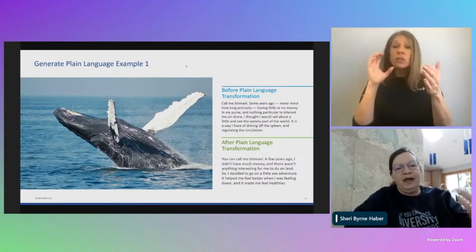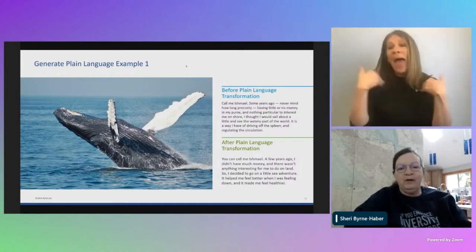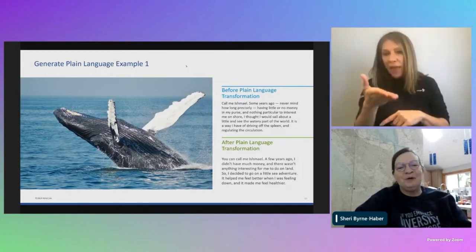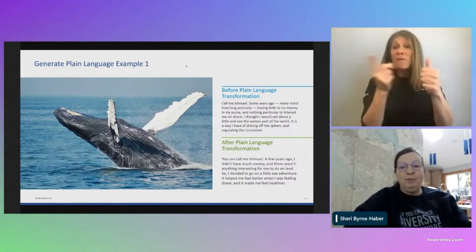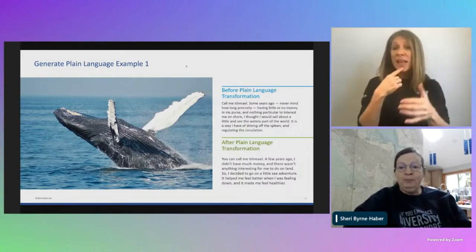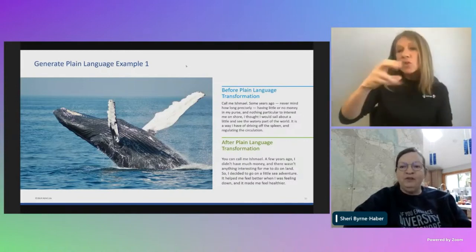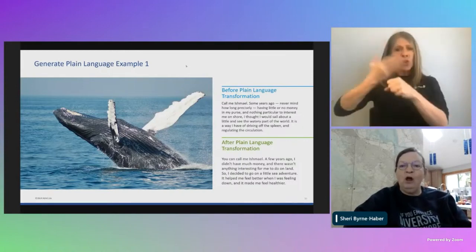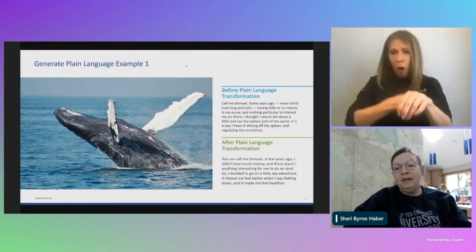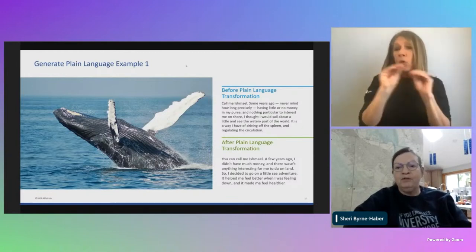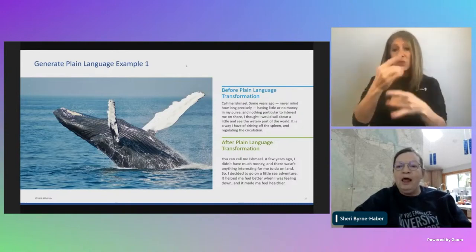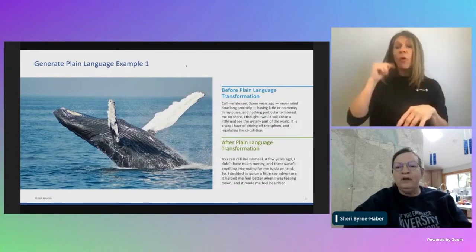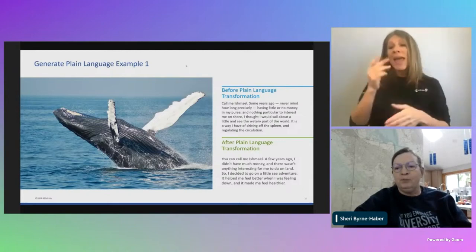It's about a whale, and I have a picture of a humpback whale here in Monterey because I love going whale watching. And so the first paragraph of Moby Dick says, "Call me Ishmael. Some years ago, never mind how long precisely, having little or no money in my purse and nothing particular to interest me on shore, I thought I would sail about a little and see the watery part of the world."